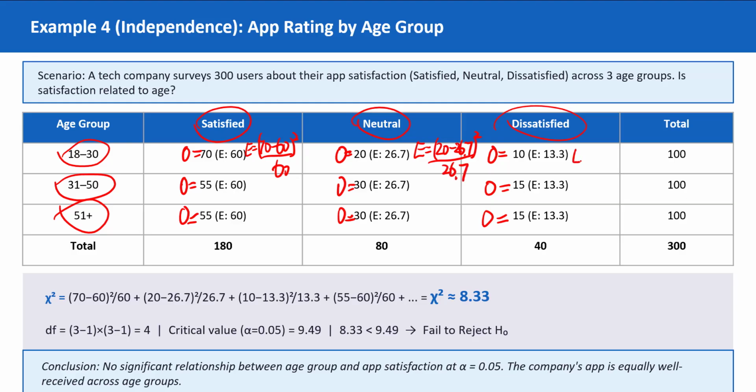The third one is going to be 10 minus 13.3 squared over 13.3. Fourth one, 55 minus 60 squared over 60. Next one will be 30 minus 26.7 squared over 26.7.